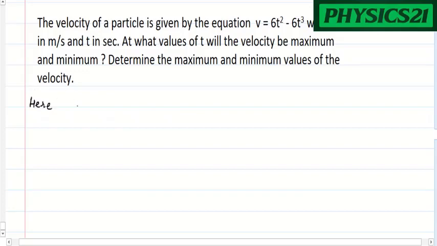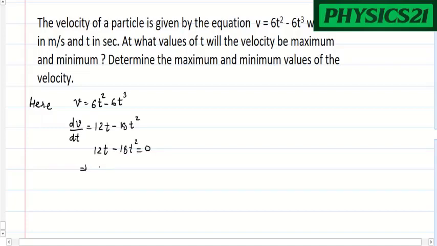Here v equals 6t squared minus 6t cubed. In the first step, we will calculate dv divided by dt. To differentiate, we get 12t minus 18t squared. Now we will equate this with 0: 12t minus 18t squared equals 0.